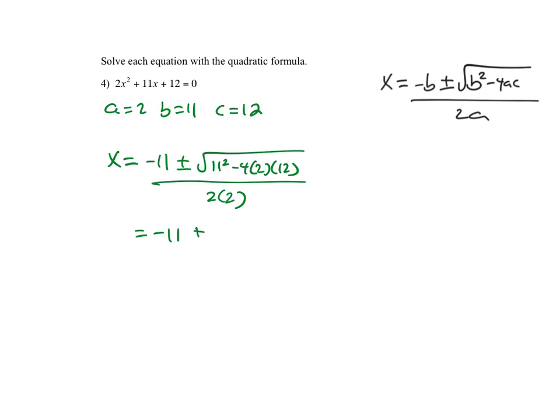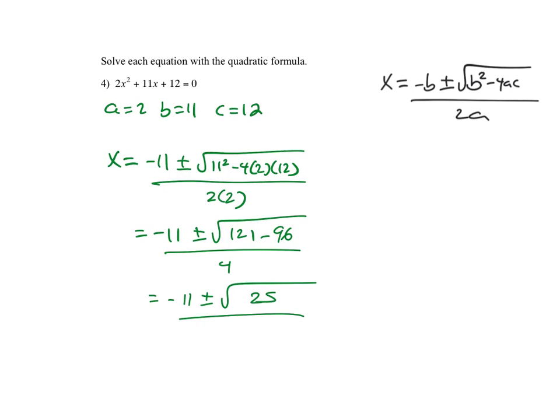So negative 11 plus or minus the square root of 121 minus 96, divided by 4. So negative 11 plus or minus the square root of 25, divided by 4, equals negative 11 plus or minus 5, divided by 4.